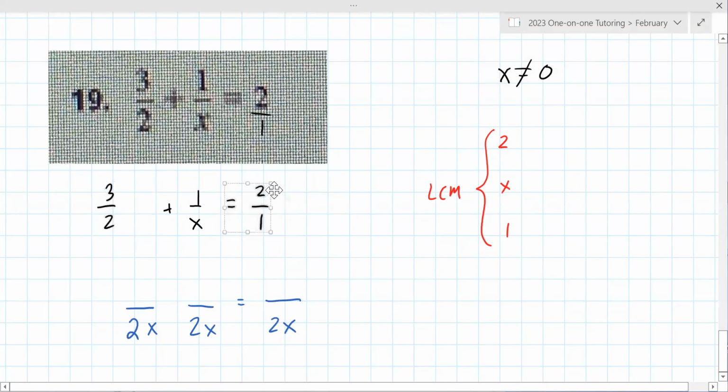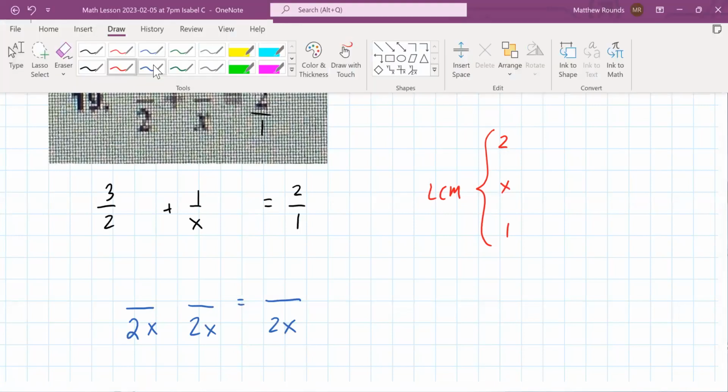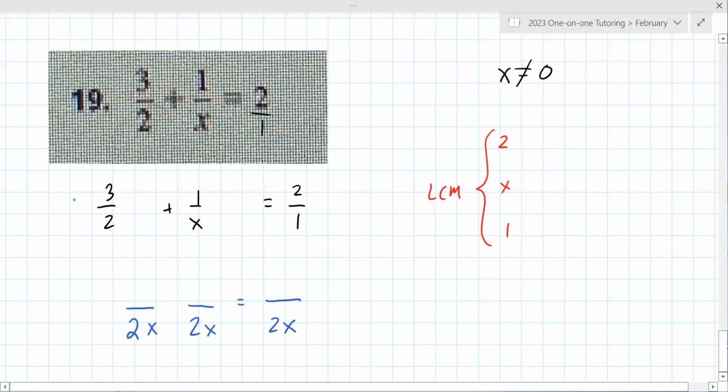I'm just creating some space here because we're going to end up multiplying. The way that I like to talk through this is to ask yourself, for this 3/2 on the left, what is the 2 missing so that it gets a 2x? An x. Yes, you multiply the top and bottom by x.